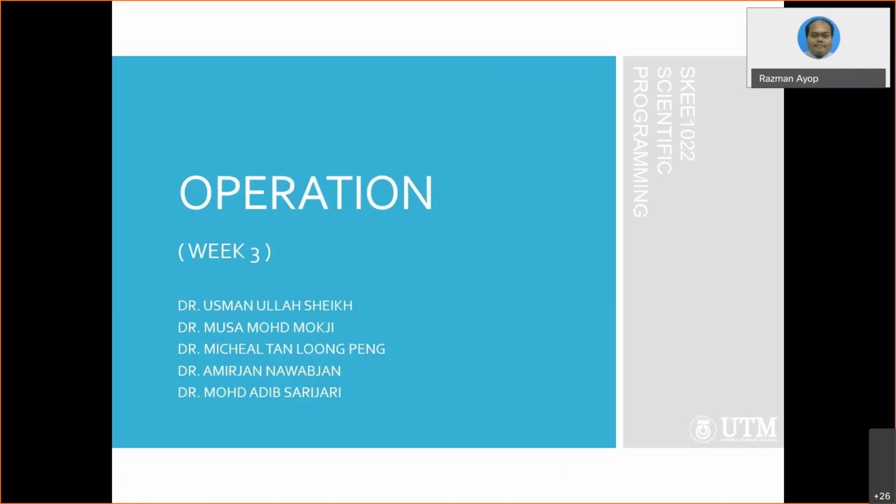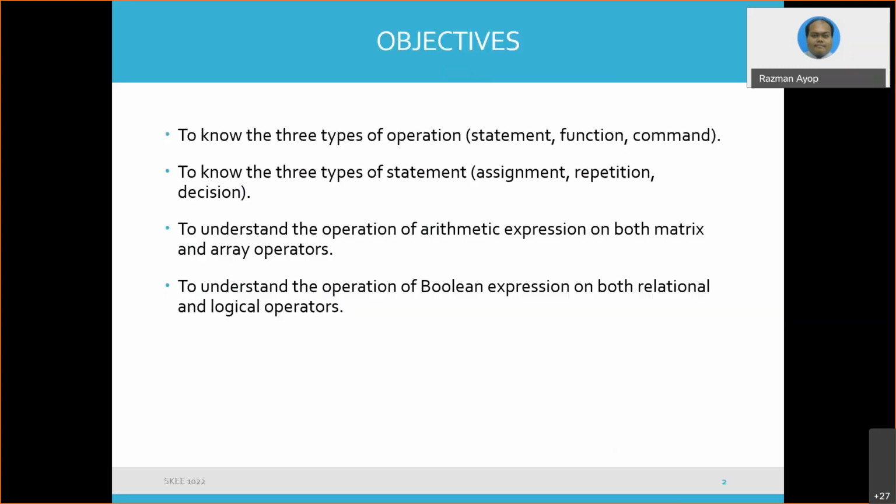All of these we will learn in chapter 3. As I mentioned before, the objective is to know 3 types of operation: statement, function, and command. Then know the 3 types of statement, understand the operation of arithmetic expressions for both matrix and array, and lastly understand the Boolean expression, which is basically a logical 1 and 0.